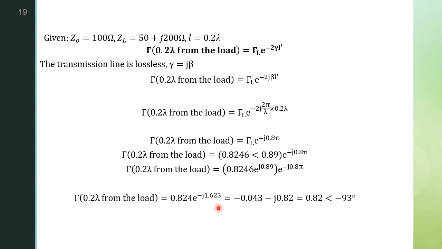On converting it into the rectangular form, it is minus 0.043 minus j0.82. Or if you find the phase in degrees, you will get it as minus 93 degrees. The thing we can observe is that whatever be the distance at which we measure the reflection coefficient, the magnitude remains the same. Only the phase of the reflection coefficient will change with distance.